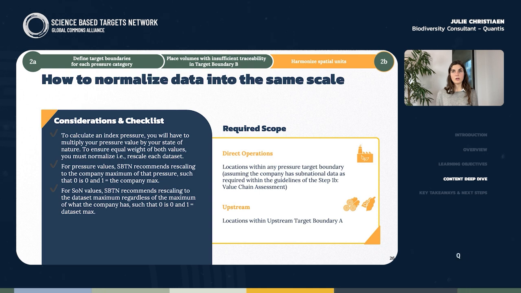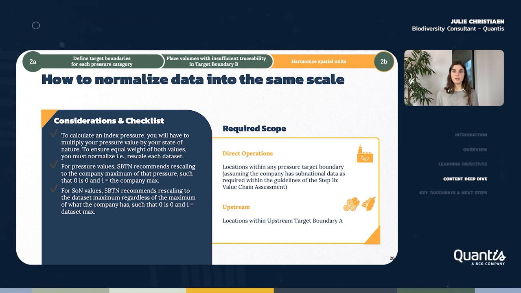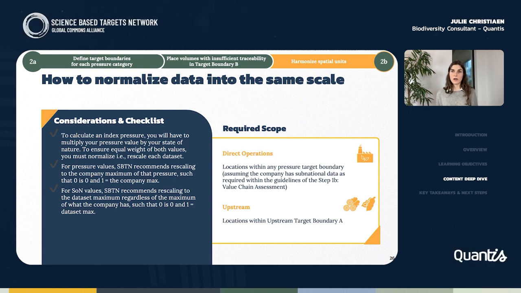To do so, when it comes to pressure values, the SBTN recommends rescaling to the company maximum of that pressure, such that 0 is 0 and 1 equals the company maximum. As for state of nature values, you want to rescale to the dataset maximum regardless of the maximum of what the company has, such that 0 is 0 and 1 is the state of nature dataset maximum.